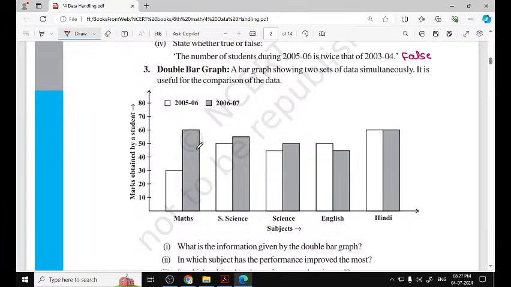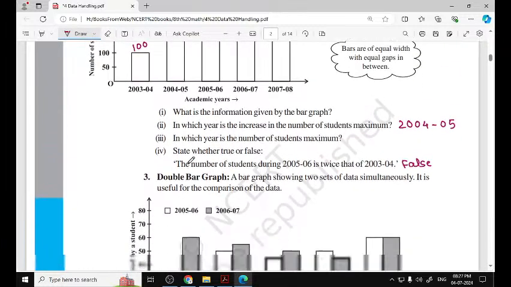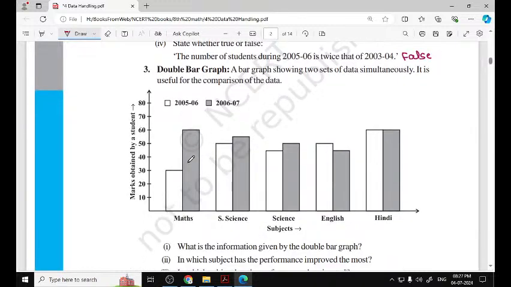Now we have the double bar graph. In a double bar graph there is a pair of bars with no gap between the pair. So these two are joined to each other. This is also called a joined bar graph. Now each pair represents marks in different subjects for 2 years.